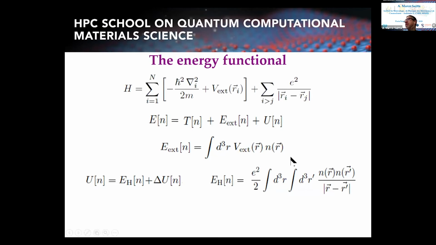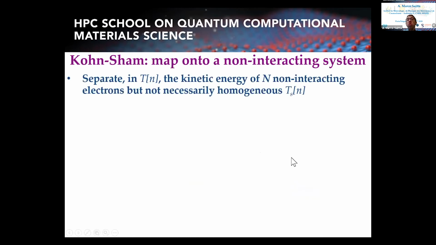And to go beyond, we have to do what Kohn and Sham did in 1964, that is to map the real interacting problem, in which the wave function is many-body because of the quantum interaction among electrons, into a fictitious system where the electrons are non-interacting, so their wave function can be factorized, but which has a one-to-one correspondence with the real system of interacting electrons.